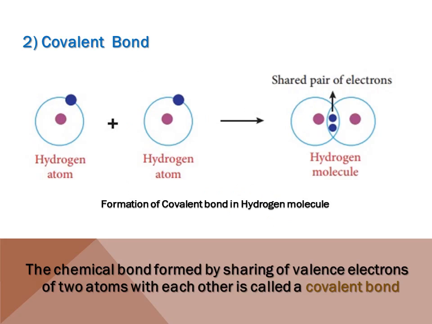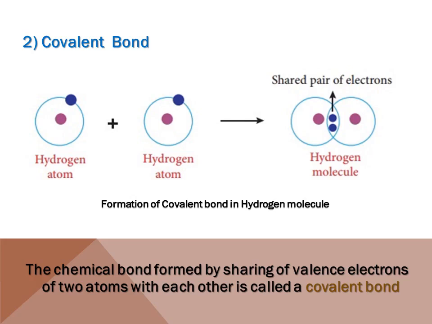Covalent bond. The chemical bond formed by sharing of valence electrons of two atoms with each other is called a covalent bond. One covalent bond is formed by sharing of two valence electrons. Generally, a covalent bond is formed when atoms of two elements having similar properties combine.